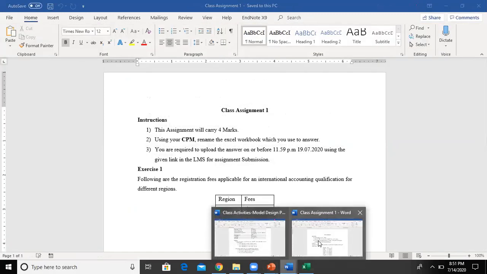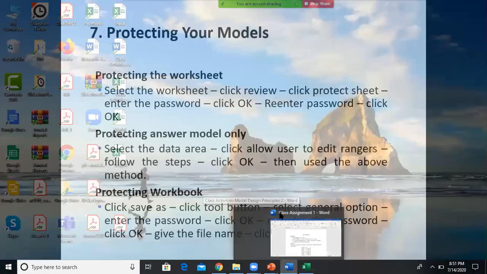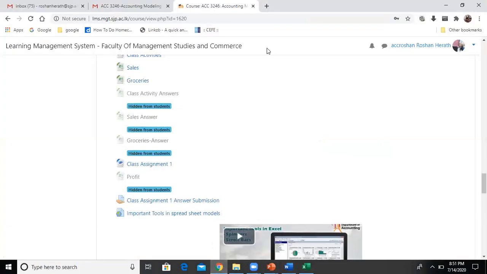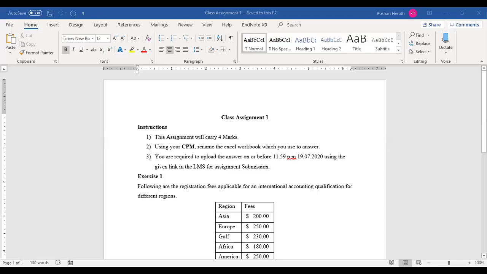It is not a difficult one, you can easily manage. All the instructions are properly given there. This is your first class assignment.